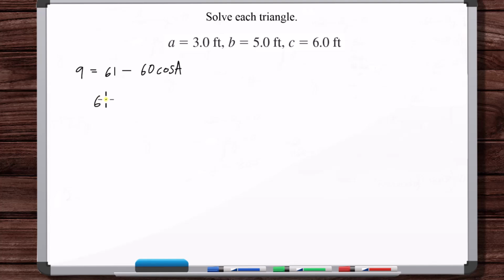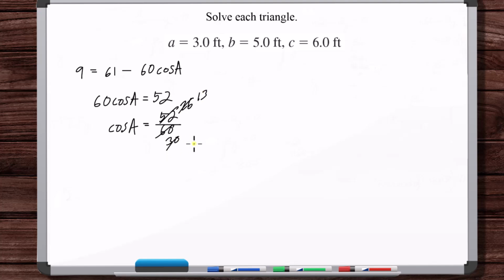Okay, so 60 cosine of A is going to be equal to 61 minus 9, which is 52. So cosine of A is 52 divided by 60. 60 divided by 2 is 30, 52 divided by 2 is 26. 26 divided by 2 is 13.